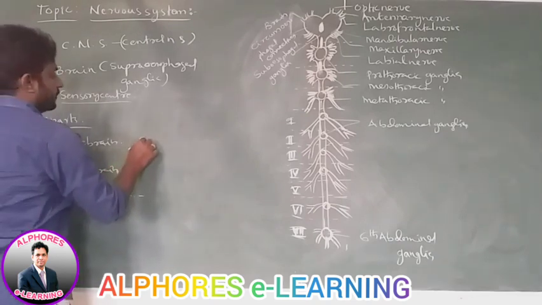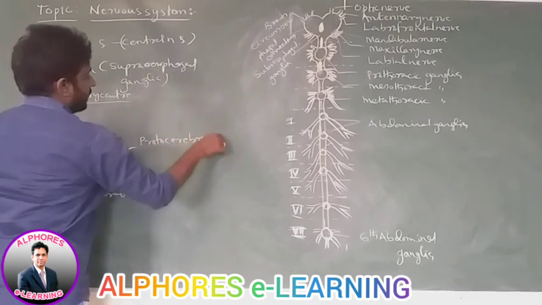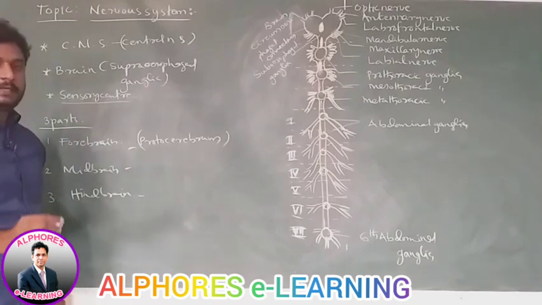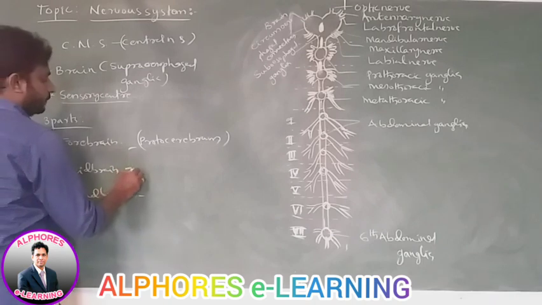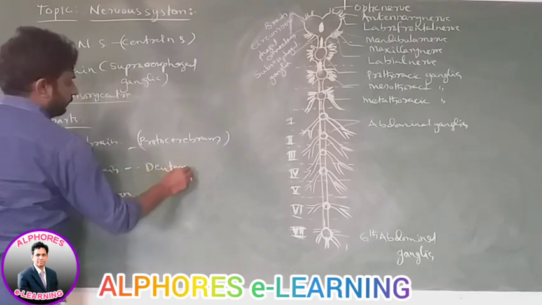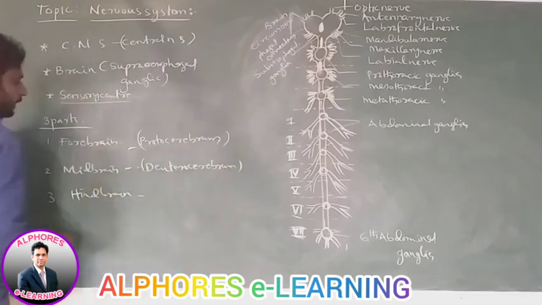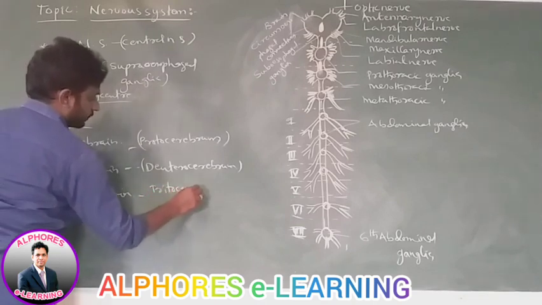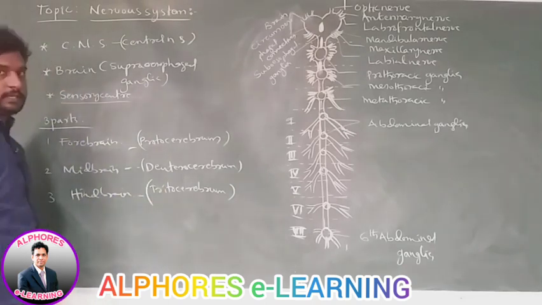Forebrain is also called protocerebrum. Midbrain is also called deuterocerebrum. Then hindbrain is also called tritocerebrum.